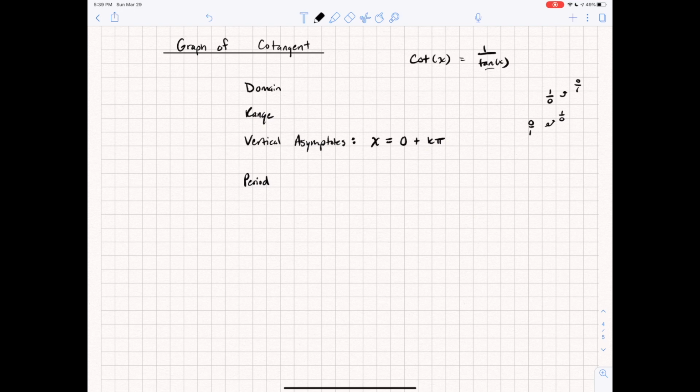Thus, k times pi. The period, because we're basing this off a tangent, is pi. The domain would then be all x values, but x cannot be a vertical asymptote.